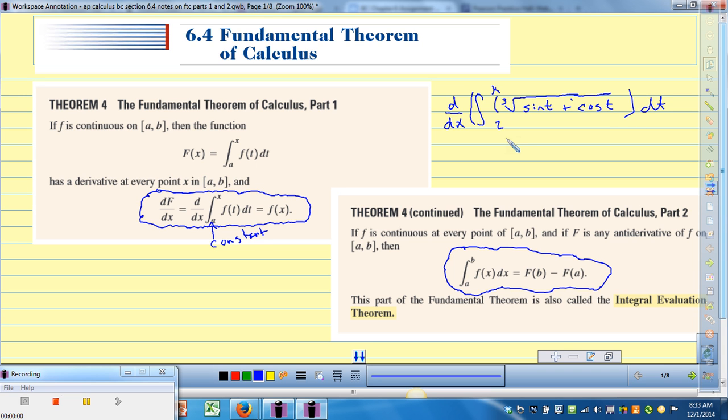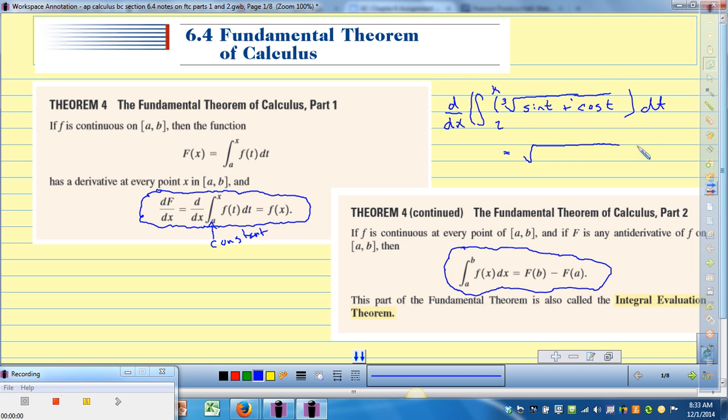If you wanted to do it step by step, you would have to be able to take the antiderivative of the cube root of sine t plus cosine t. Do we know how to do that? No, we do not. So what we will use is the theorem that we developed last class that says if I take the derivative with respect to x of this, it will come out to be f of x. So the answer to this derivative should be a function of x, and what function should it be?